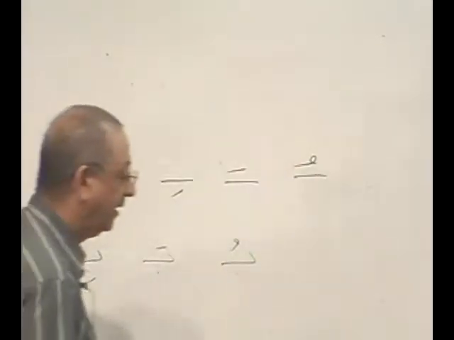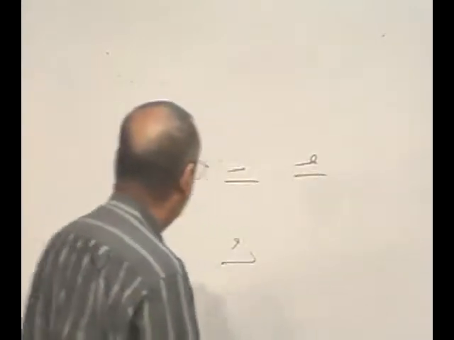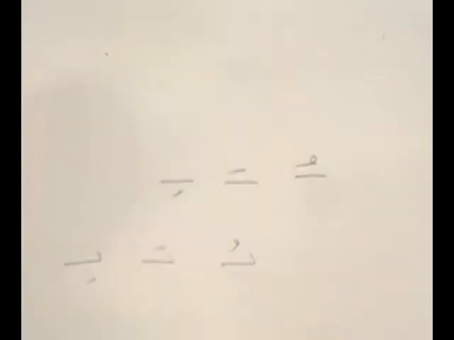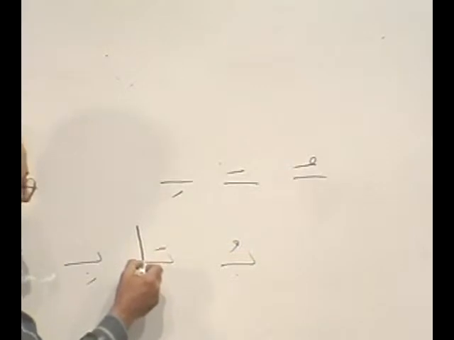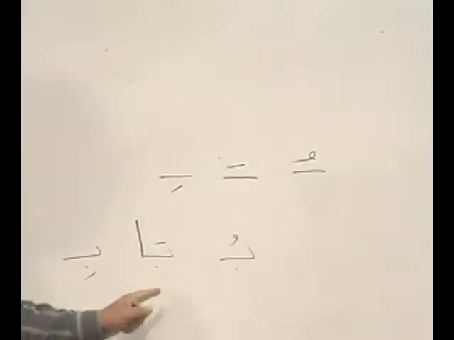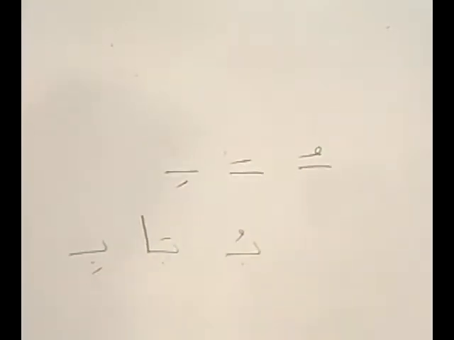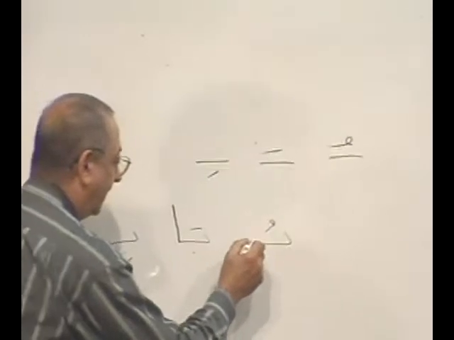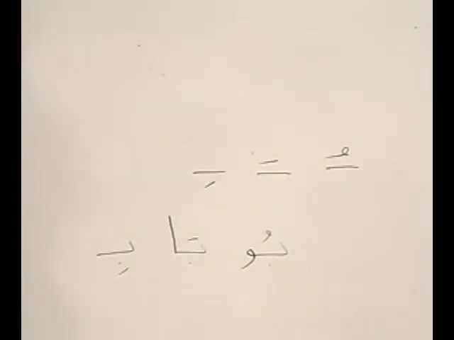Now in order to do elongation, I put here alif. Now you see, the job of alif is to elongate. Now this is ba. And then I put vav here, and it is bu. And if I put ya here, it is bi.